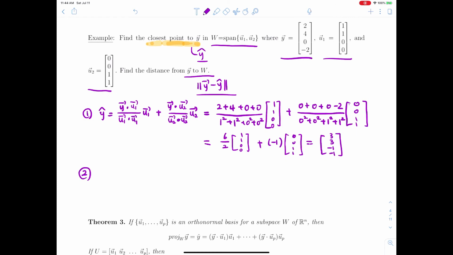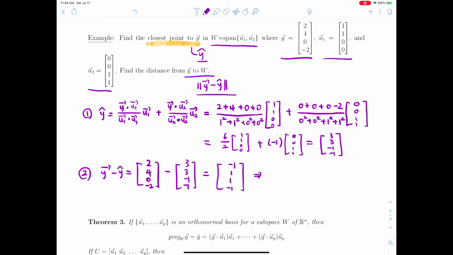Okay, once we have that, we can calculate y minus y hat. That equals (2, 4, 0, -2) minus (3, 3, -1, -1), which equals (-1, 1, 1, -1).